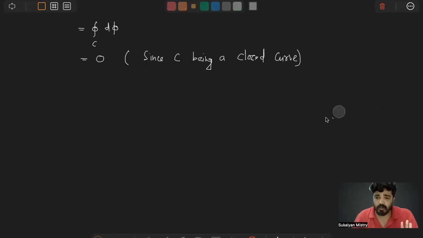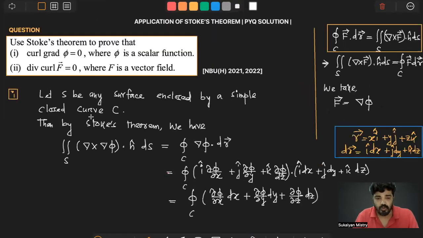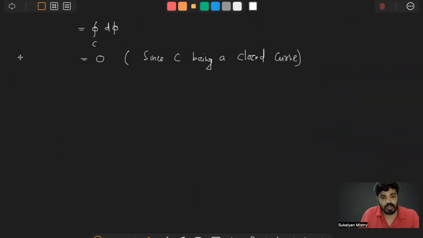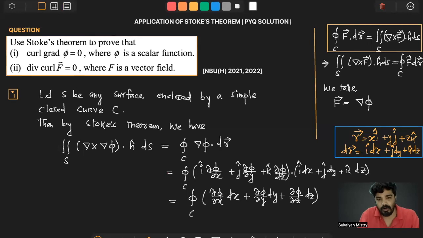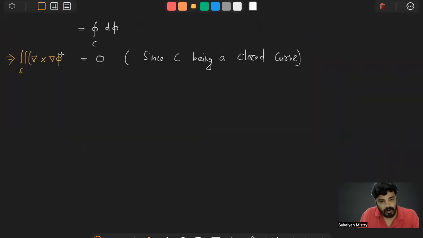So ultimately what do we get? We get double integration over S of del cross del phi dot n ds equal to 0. This implies double integration of del cross del phi dot n ds is equal to 0.